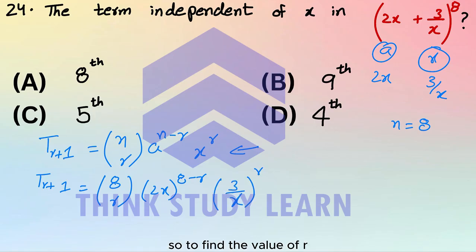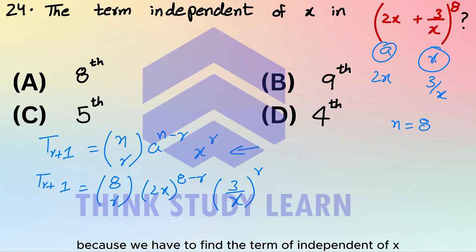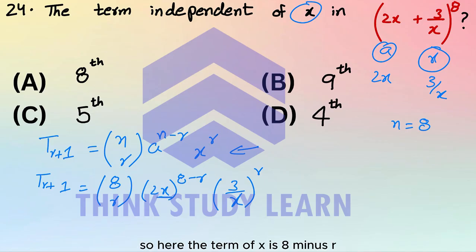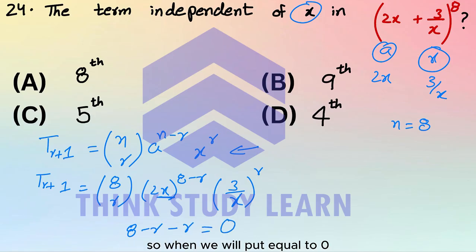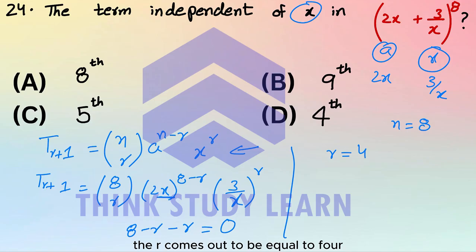So to find the value of r, we will put the power of x equal to 0, because we have to find the term independent of x. So here the power of x is 8 minus r. Here the power of x will be minus r because it is in the denominator. So when we put it equal to 0, r comes out to be equal to 4.